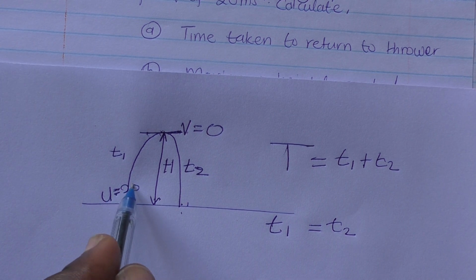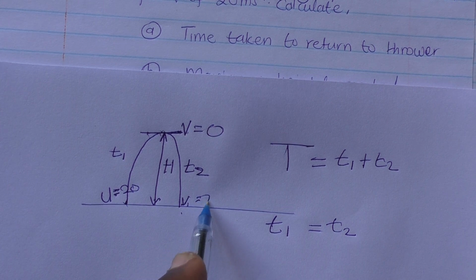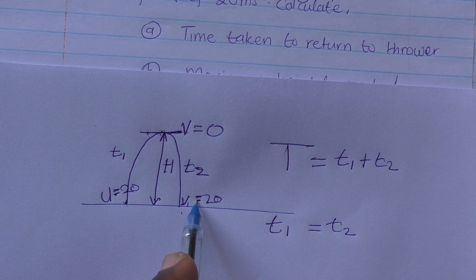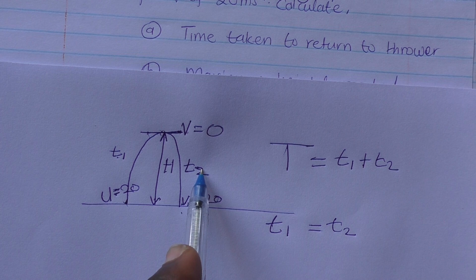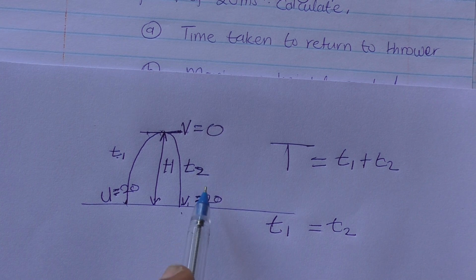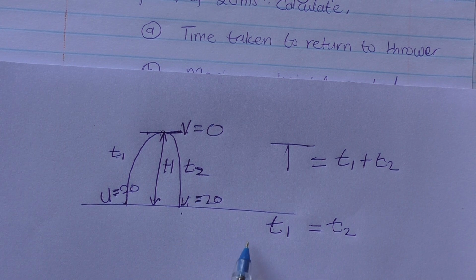So if it had 20, the final here will also be 20. And therefore, even the time will be the same, because the value of g, or the acceleration there, is constant.